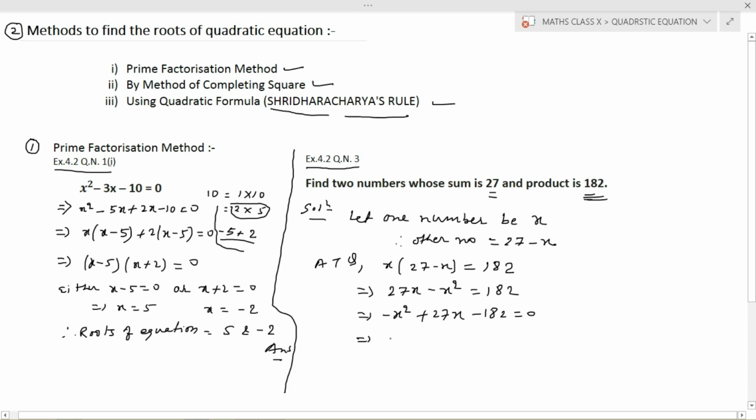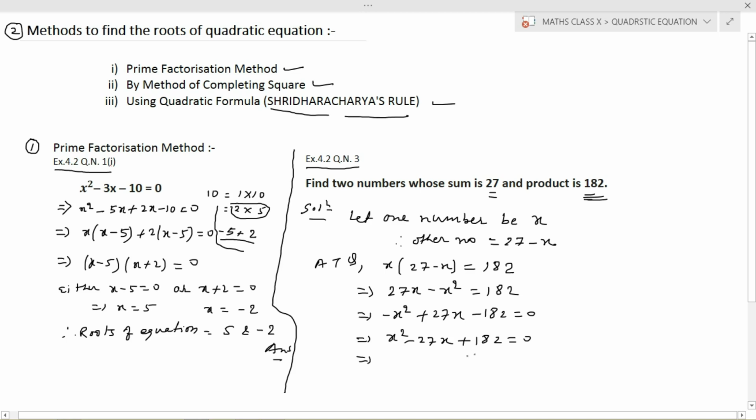You will get x square minus 27x plus 182 equal to 0. Again we have got the standard form of a quadratic equation.